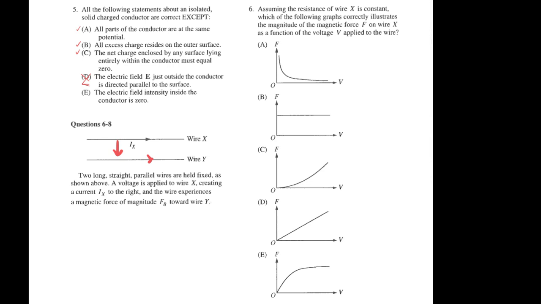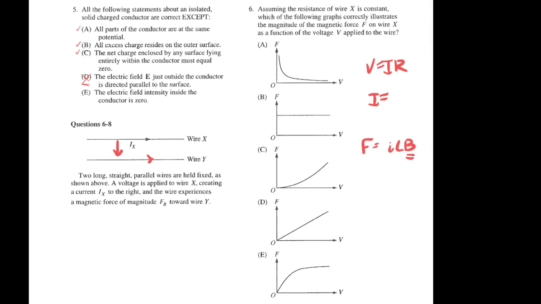All right. Assuming the resistance of wire X is constant, which of the following graphs correctly illustrates the magnitude of the magnetic force on wire X as a function of the voltage applied to the wire? Well, V equals IR. So I determines the force. And if I recall, we're only talking about the current in wire X, not the current in wire Y. So the force is ILB, where this is the force on wire X as a function of the voltage V applied to the wire.